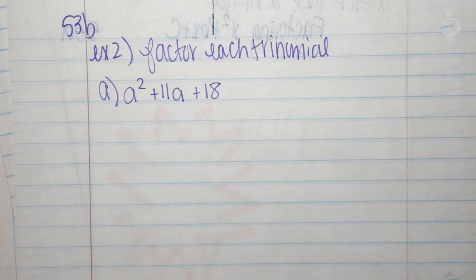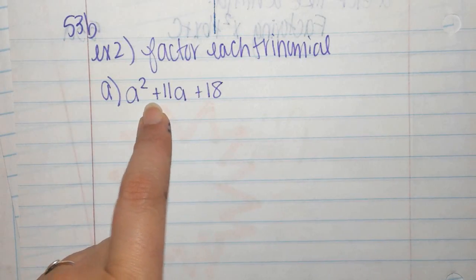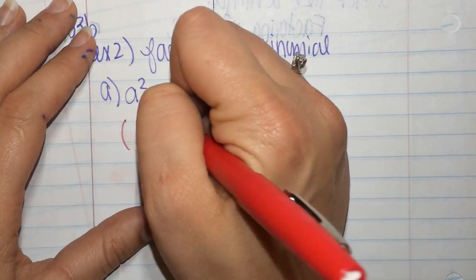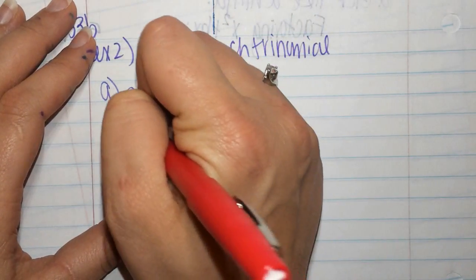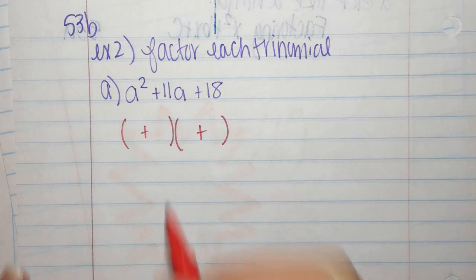Now, our entire goal is to find two numbers that multiply together to give us 18 and add to give us 11. But we have to make sure that we're looking at our signs. So if C is positive, all signs have to match B. So what are the signs inside our parentheses going to be? So we're going to have a plus and a plus. And what letter are we using this time? A.